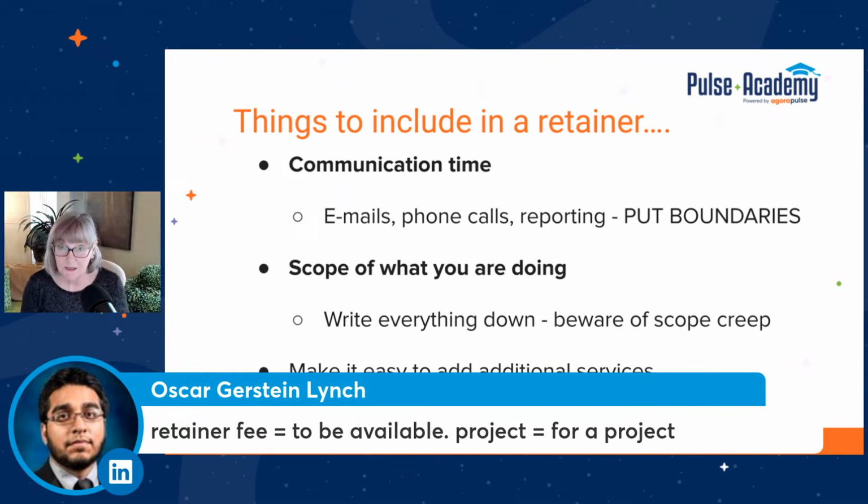That's a project. Whereas creating an email to go out once a week for a client is part of a marketing retainer fee, because that's a monthly thing that you're doing. Okay? So that's the difference.